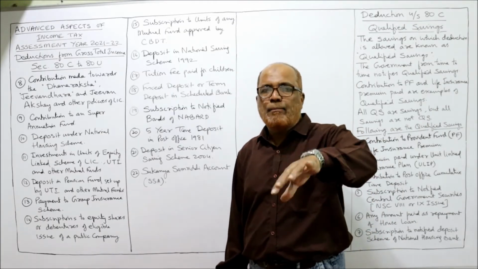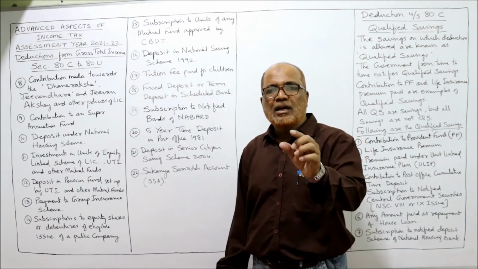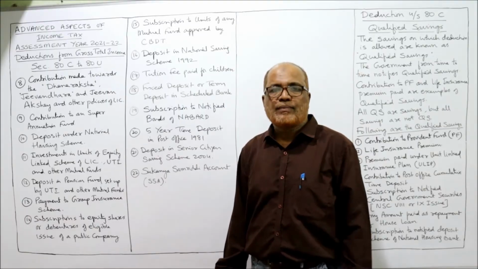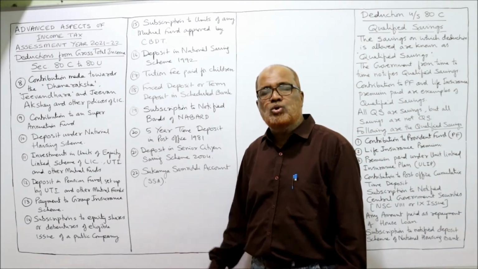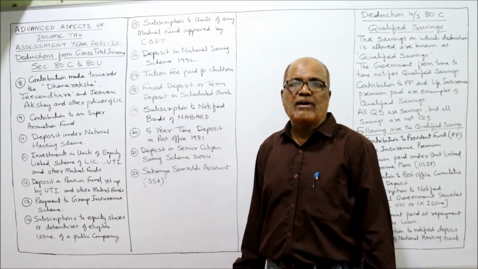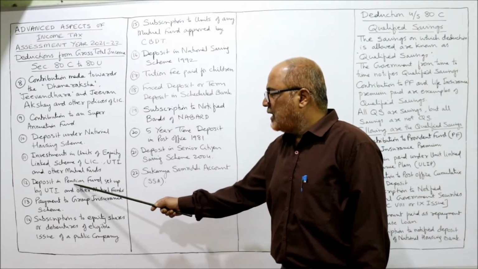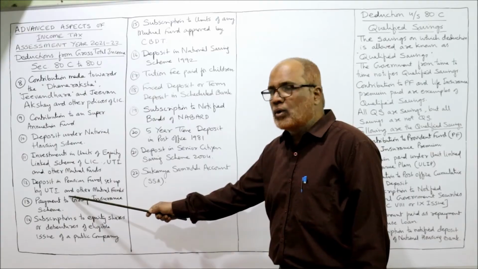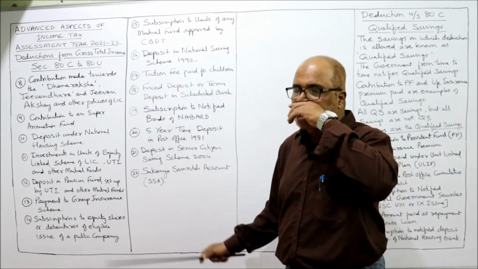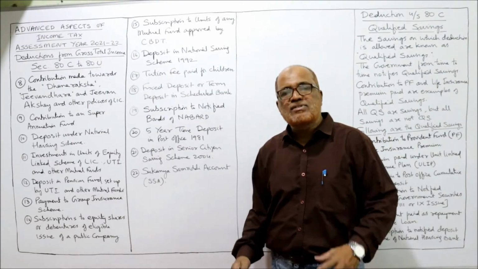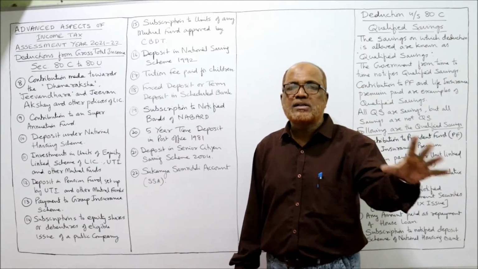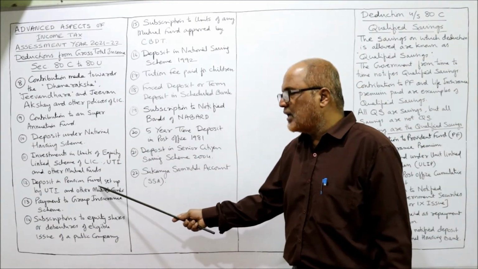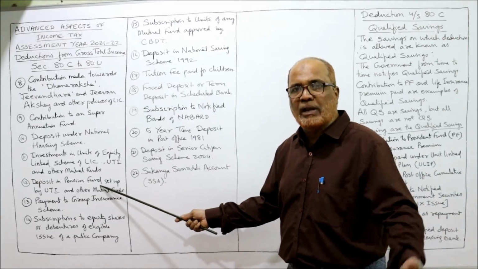So if an SSC has made investments in equity linked units of UTI, LIC or mutual fund, that will also qualify for deduction under section 80C. Deposit in pension fund set up by UTI and other mutual funds. The UTI and other mutual funds have set up a new pension fund. So if a person contributed some amount in the pension fund of UTI or other mutual funds, it qualifies.